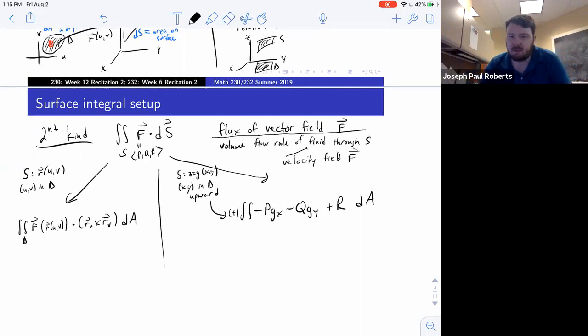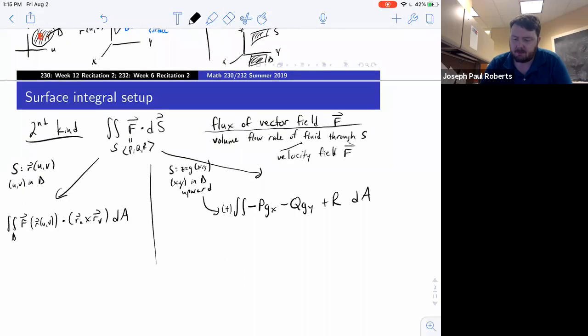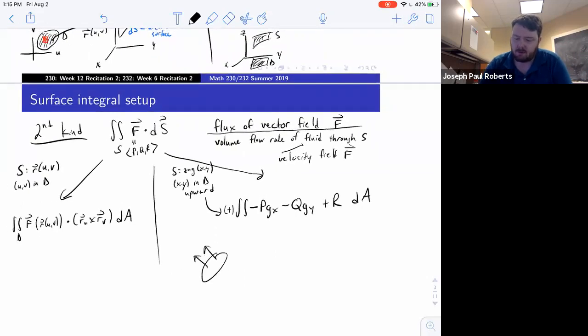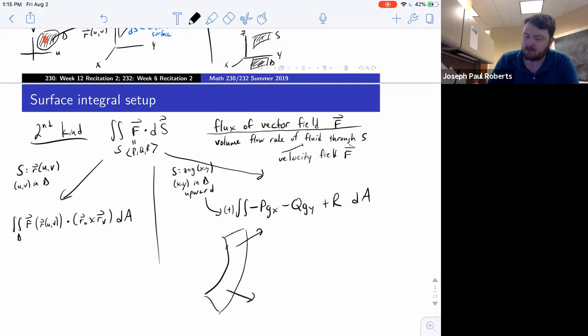And so with z graphs, upward versus downward always will work. Upward doesn't necessarily mean straight up. Upward just means that all of the k components are positive. And so if you start to think about, okay, well, for z equals g of x,y, could I ever have a situation where the k components switch sign?